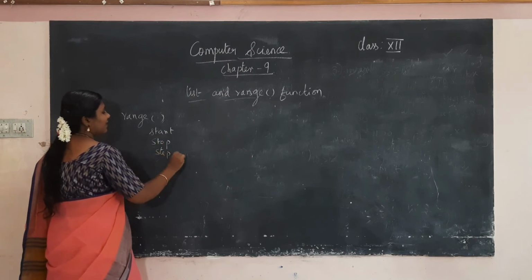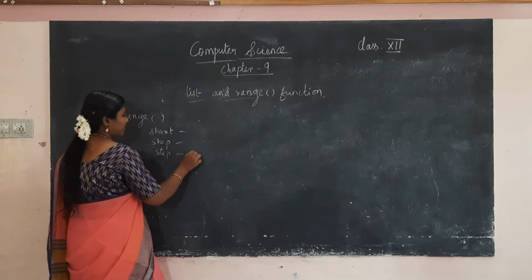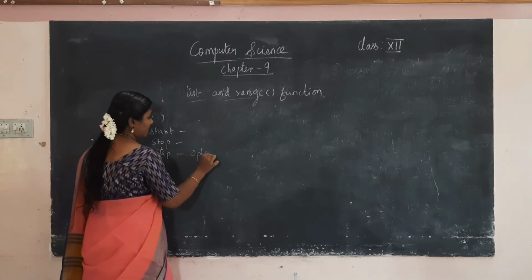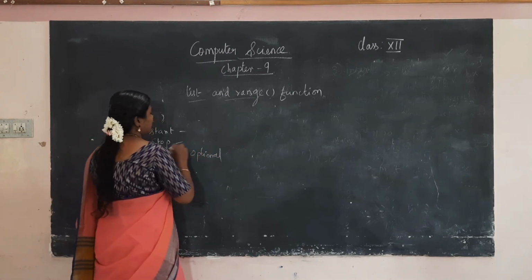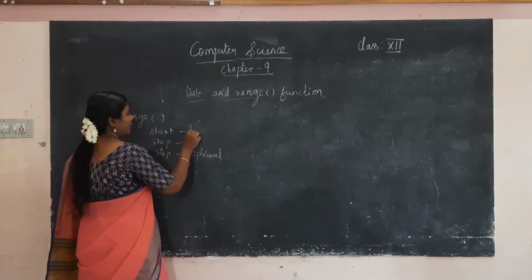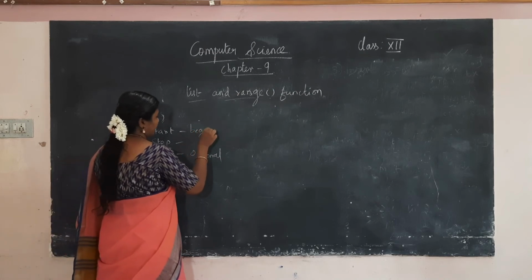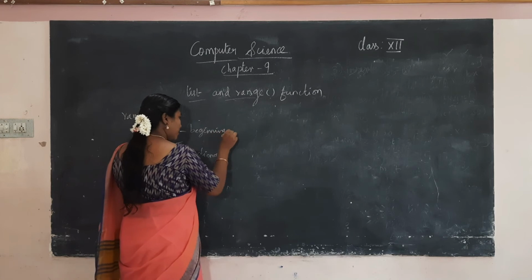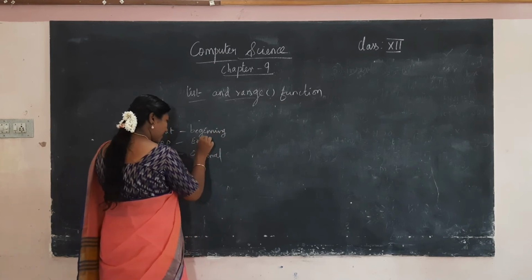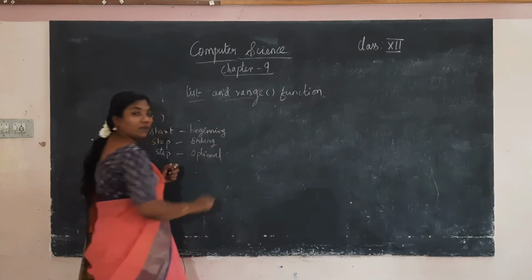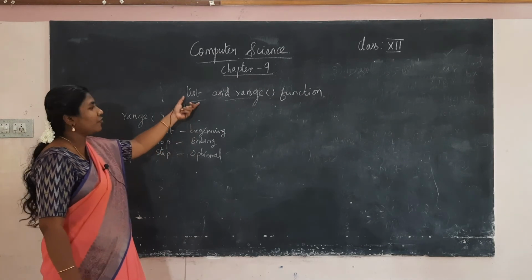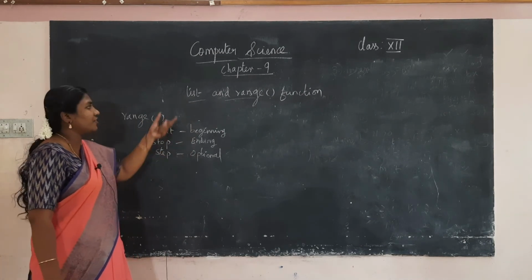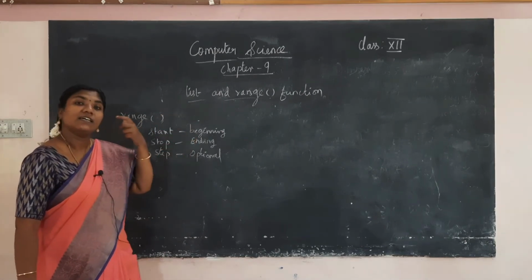You will be having the 3 values, of which the step value is the optional part. So it gives the starting value, the beginning one, and this one is the ending one. Okay. So you can also use this range function for creating the list.